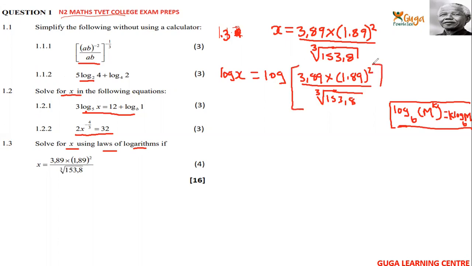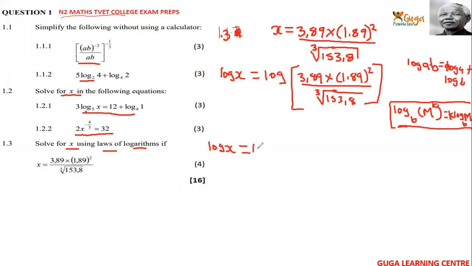So you introduce log to both sides, and now here you'll have log of x, which is equal to, so here you've got the product. So when you're using logs, the rules, you add, right? The rule that you're going to apply there is log of a multiplied by b, you just say log of a plus log of b. That's the rule that you're going to use there.